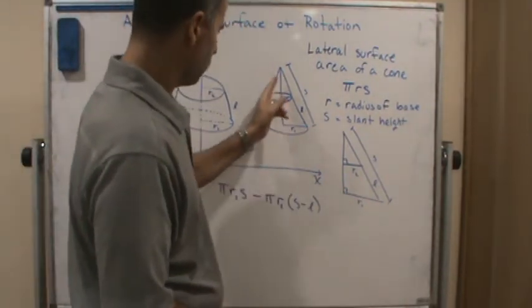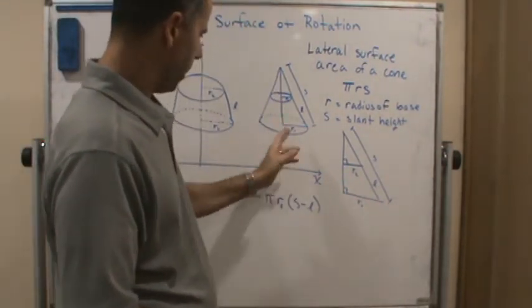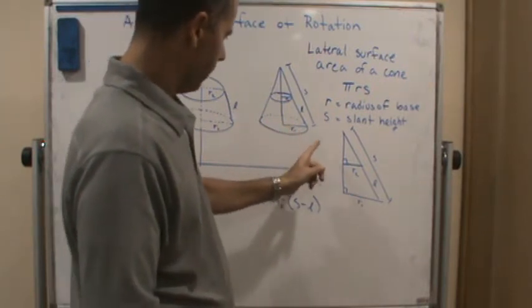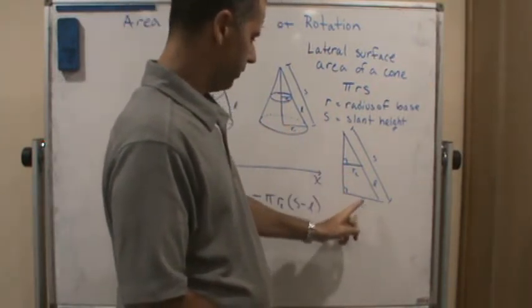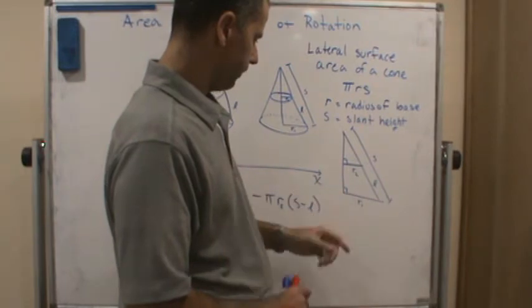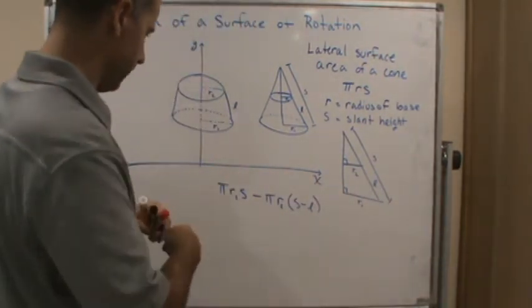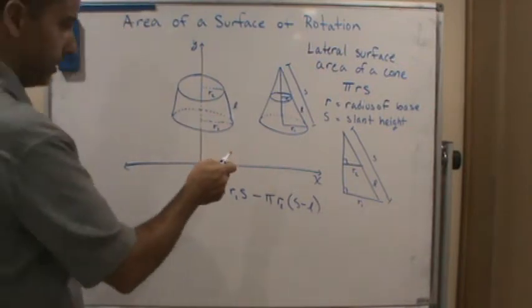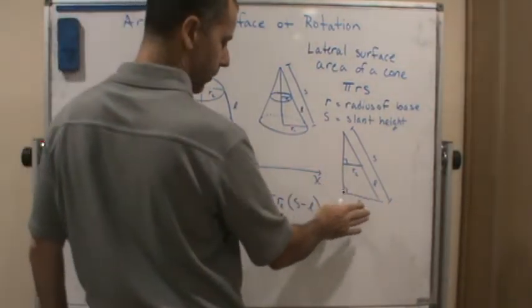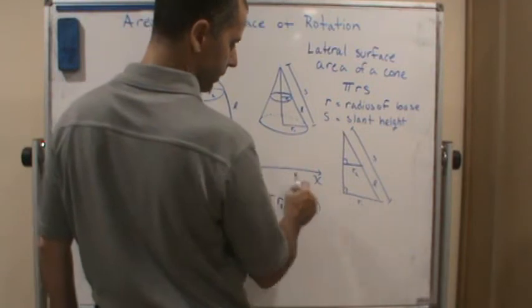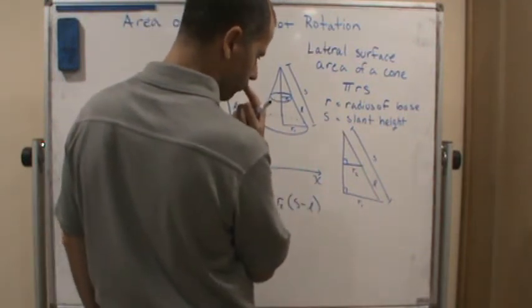So let's look at this cross section here. The cross section makes similar triangles, so we can set up a proportion.